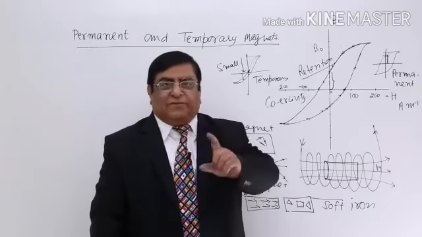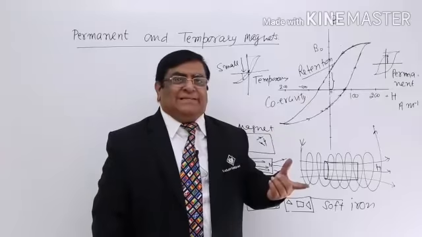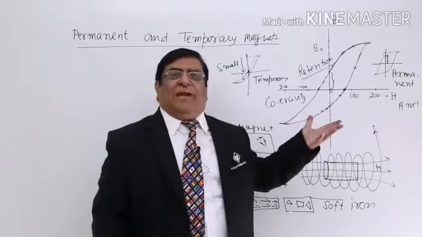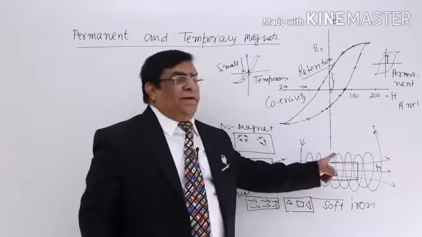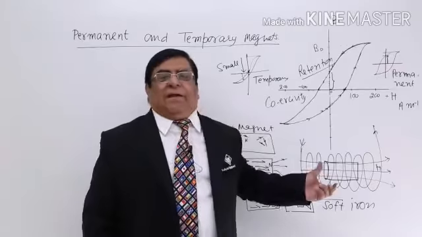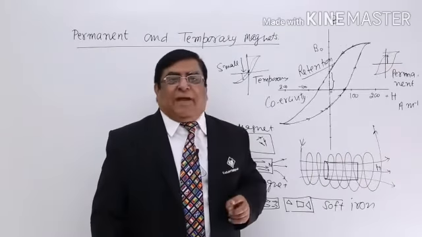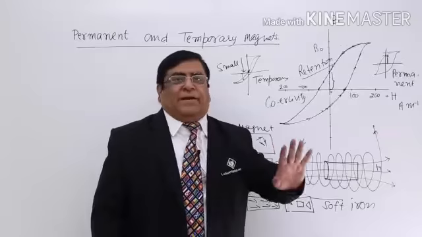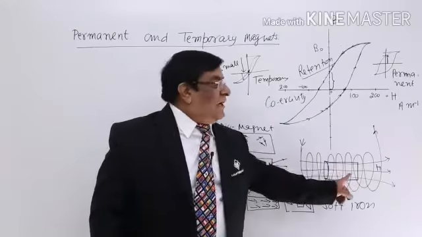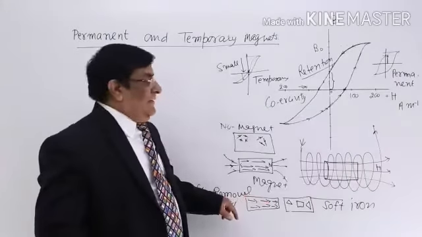Our use of the permanent magnet is that we can use it without electricity, without any current. It gives the magnetic field and we can use it for all the purposes of a magnet, and all these are permanent magnets because without current they are giving us the magnetism.